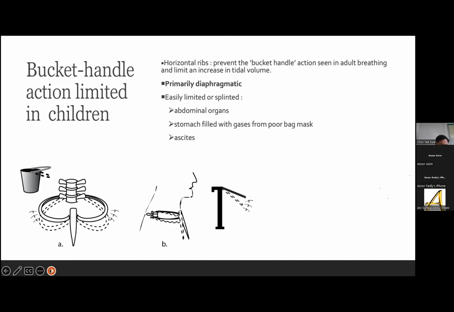So for children, their ventilation mainly relies on the diaphragm. When you have a limited or splinted diaphragm due to either ascites or organomegaly or you bag too long, the diaphragm will get splinted and it impairs our ventilation.